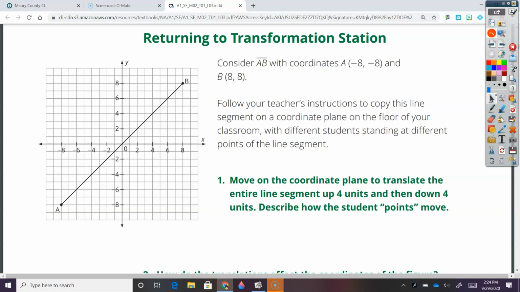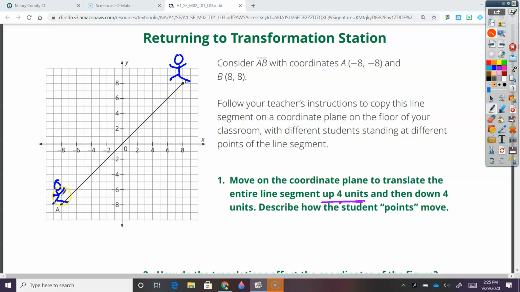Let's look at this. So imagine this graph on the left. You have some students standing on the floor, and we are going to transform this line segment. It says first move on the coordinate plane to translate the entire line segment up 4 units.